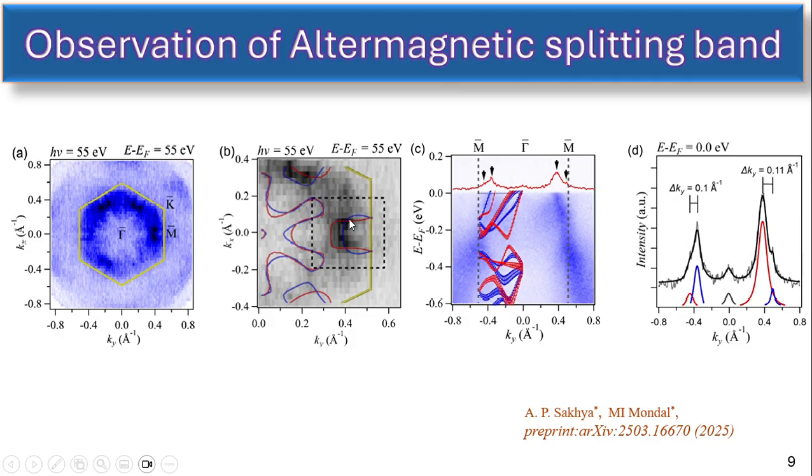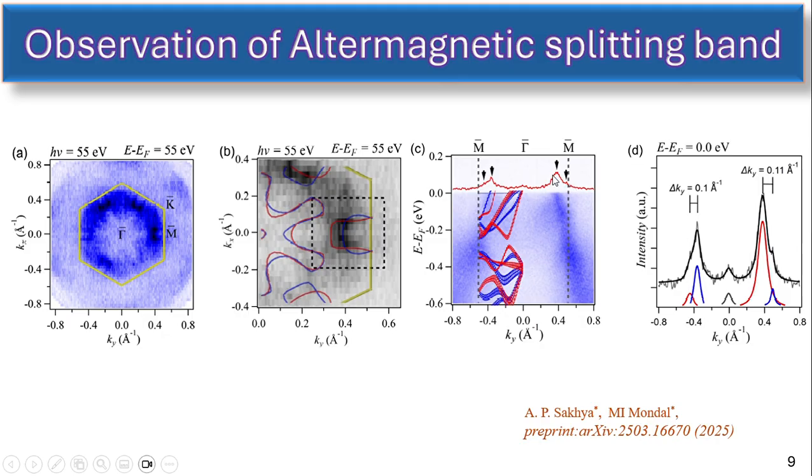This dog bone pocket is a spin polarized band, so that's why we take the cut along gamma M direction here in figure C, and in the MDC we can see one peak for spin up and another for spin down.